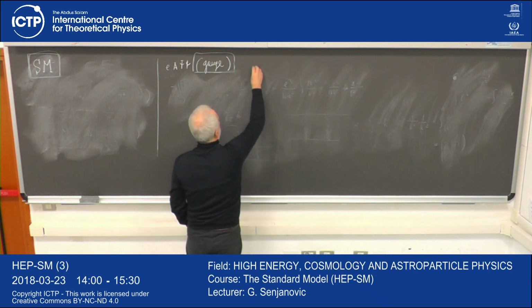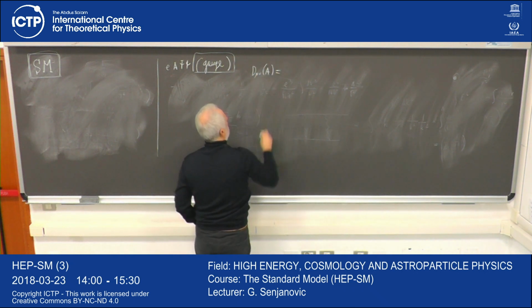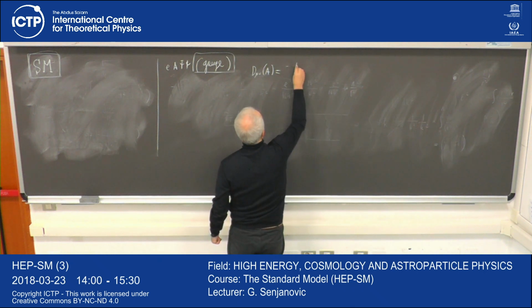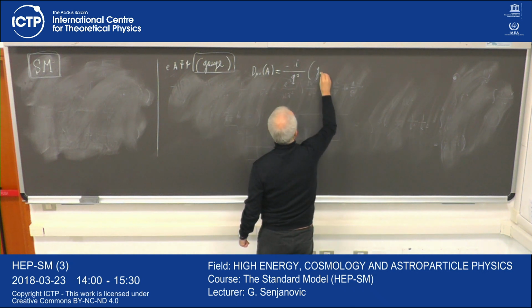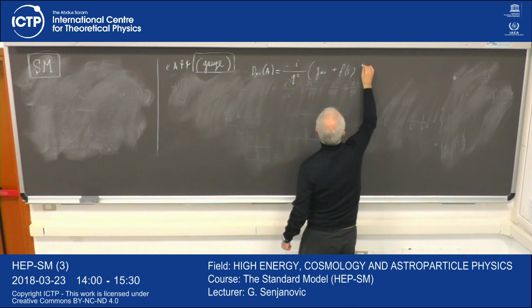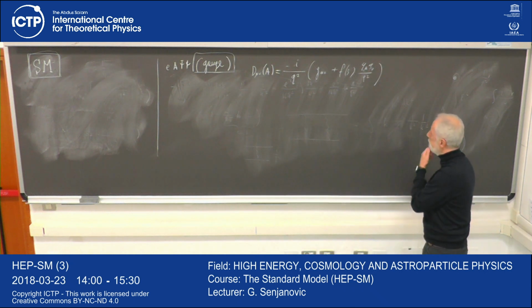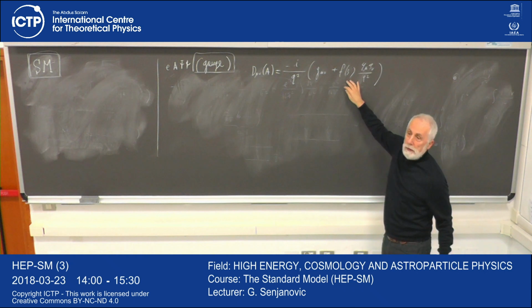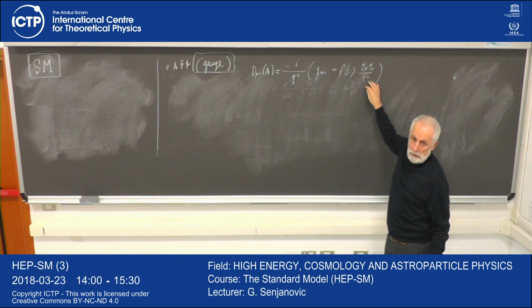Then you found out that the propagator of the photon is g mu nu over q squared plus a function of gauge times q mu q nu over q squared. I'm not even writing what it is, it's irrelevant at this point because the q mu q nu terms do not contribute. They are gauge dependent.